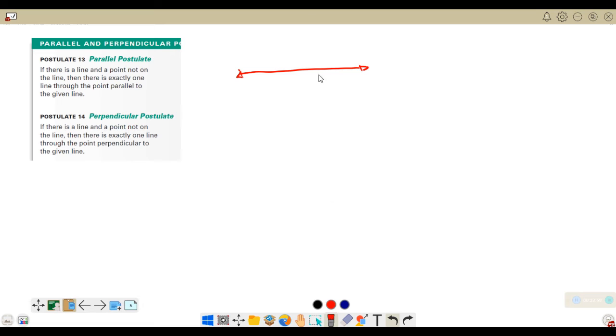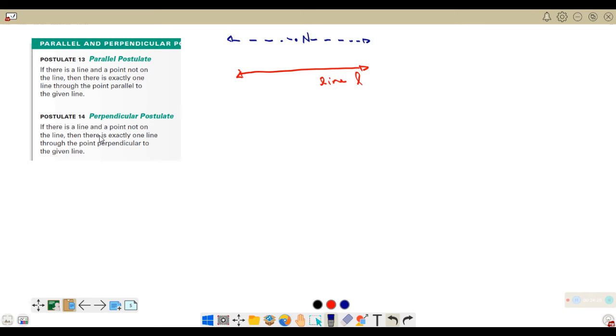This is line L. Tapos, meron tayong isang point. This is point N. For example, through point N, isa lang daw yung pwede mong i-drawing na line parallel with L. So, through point N, isa lang yung mag-e-exist na line dyan parallel to L. Okay? So, yun lang yung sinasabi ng parallel postulate.